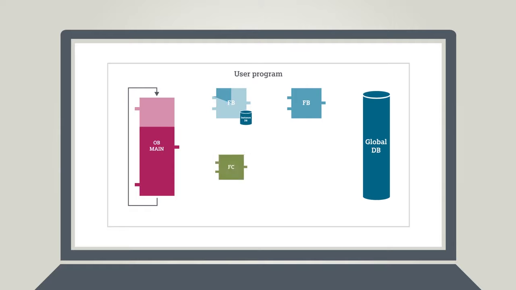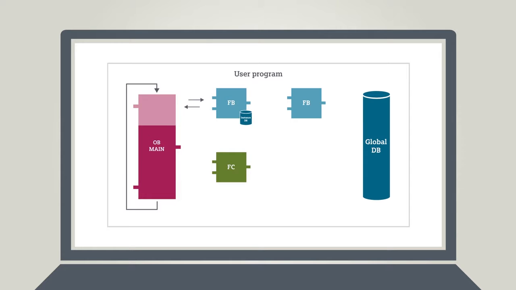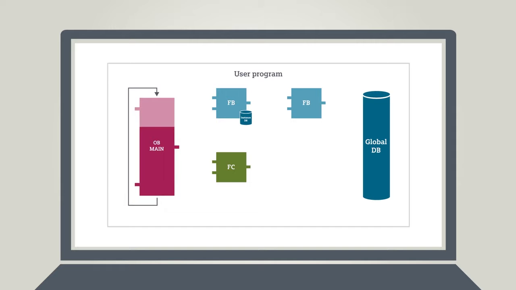A function, or FC, is used for the programming of frequently recurring subfunctions. These are generally much less complex. These functions have no memory and do not store any internal information beyond their own runtime. Once the program of the first conveyor belt has run its course, it will jump back to the return address of the block from where it was called up.